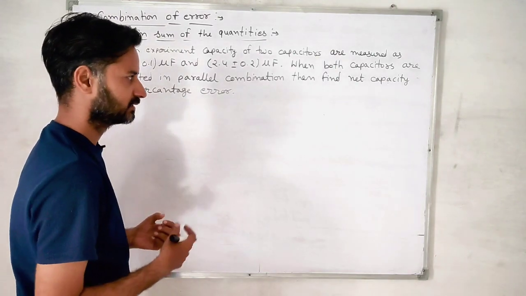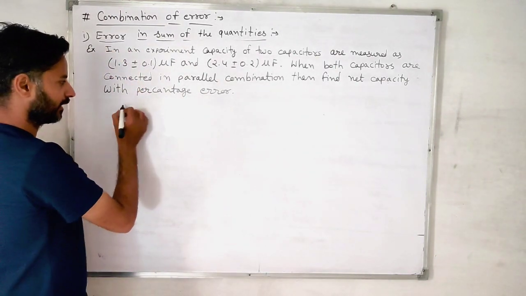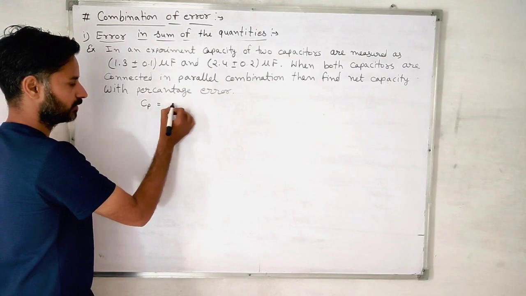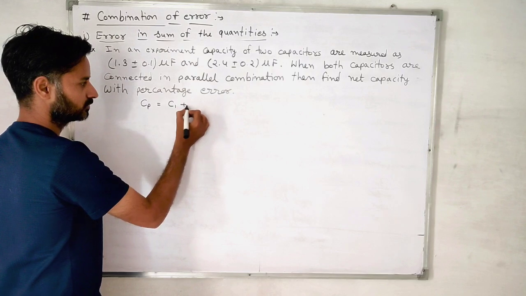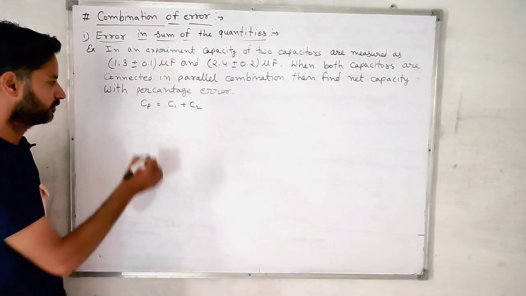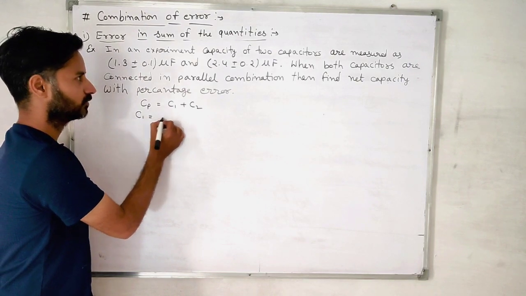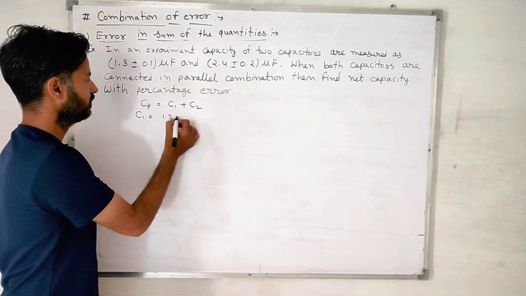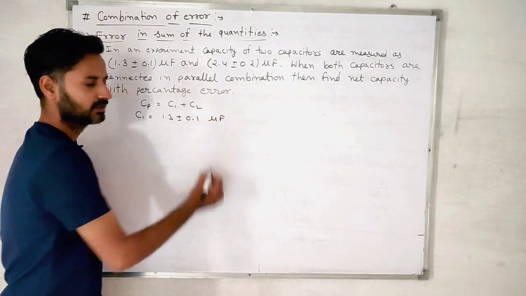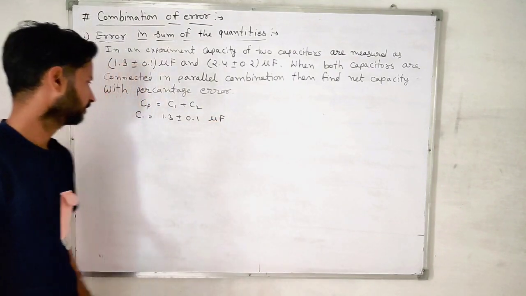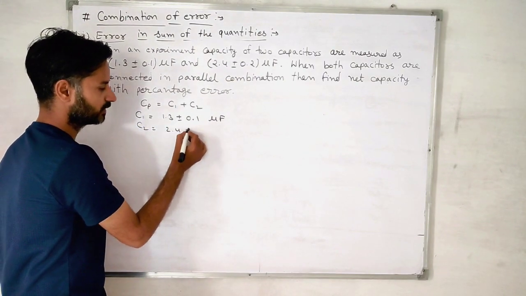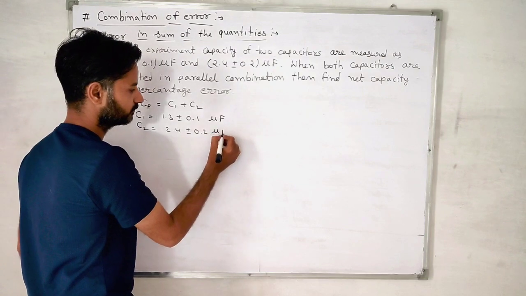When we connect capacitors in parallel, the net capacity will be given as Cp equal to C1 plus C2. Here C1 equal to 1.3 plus minus 0.1 microfarad, where 0.1 is the mean absolute error. C2 is 2.4 plus minus 0.2 microfarad.